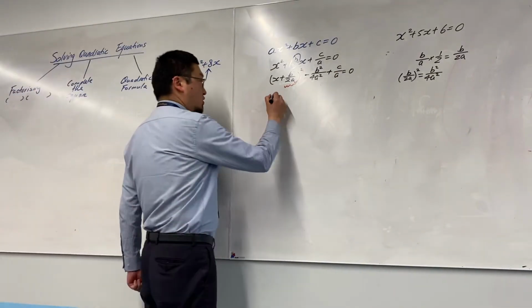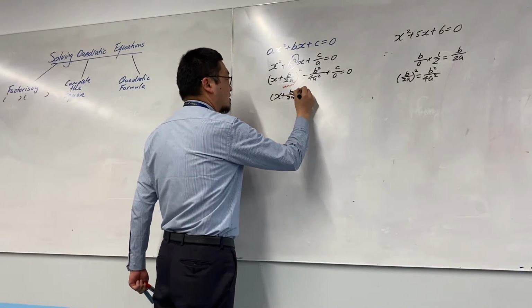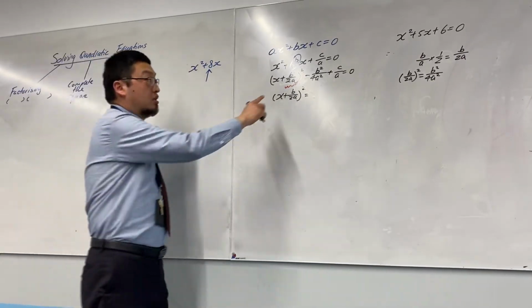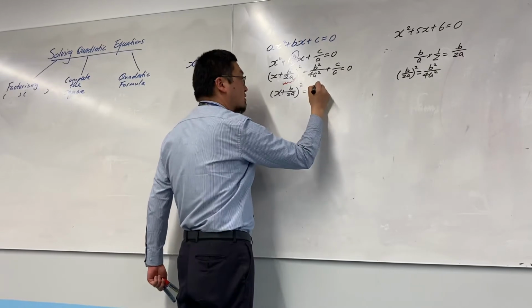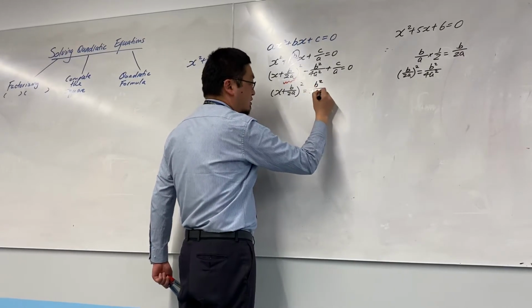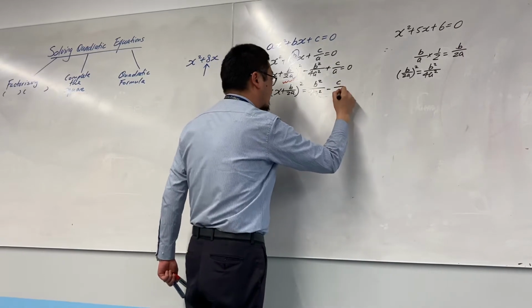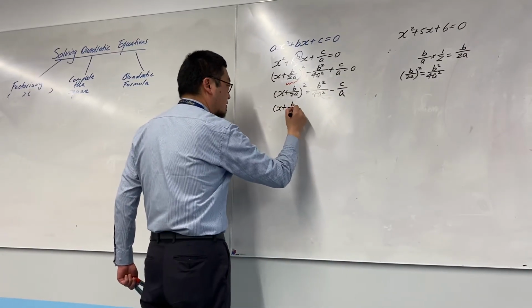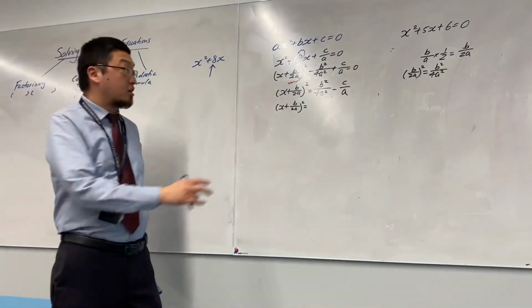Okay, then just going to continue. Then I'm going to move everything to the right hand side. Move that, negative becomes positive. Move that, becomes negative. Then I'm going to find the common denominator of those two.